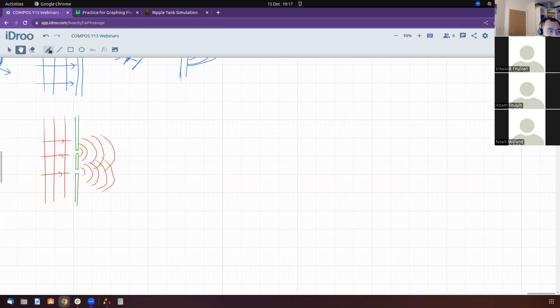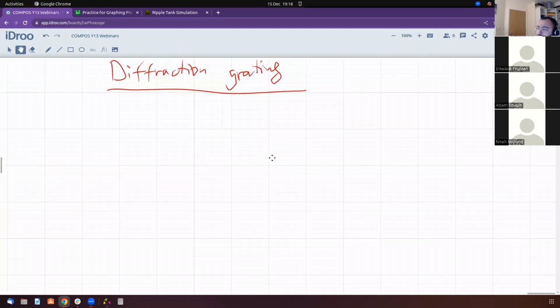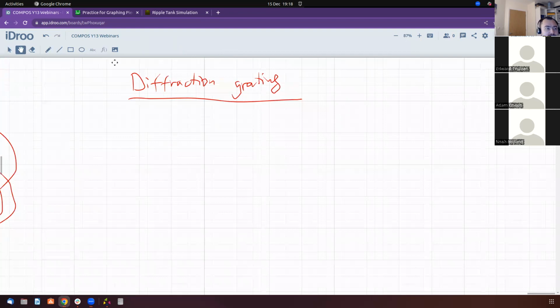So a diffraction grating is basically a diffraction grating. Should I remind you what the diffraction grating does, or are you fairly familiar?